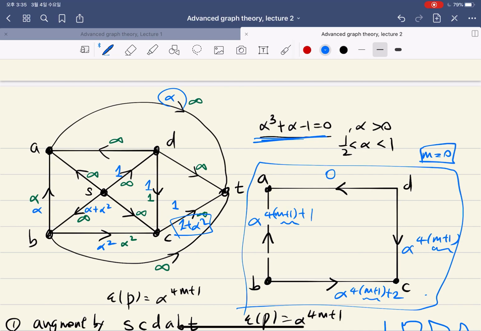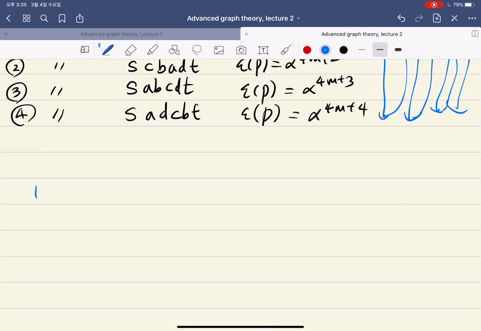So initially the flow value was 1 plus alpha square. But after that, we keep adding alpha to the k, where k is 1, 2, and so on. And how large is this? Because alpha is smaller than 1, this actually converges. With a simple calculation, we can show that this is smaller than, say, 6.